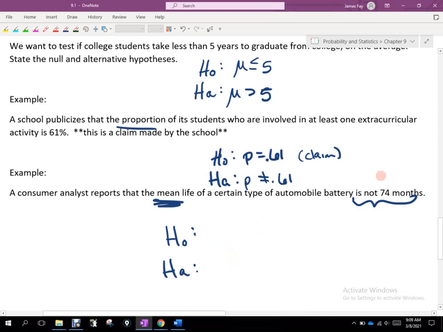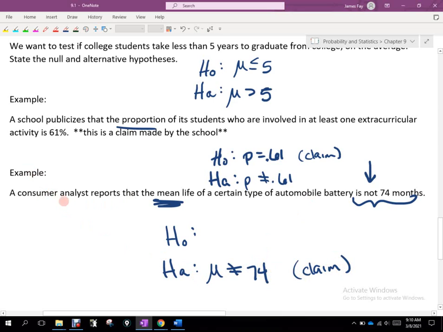The null. This phrasing is unequal, right? So right there, they're telling me the alternative hypothesis. Is not 74 months. This would actually be what we call the claim.